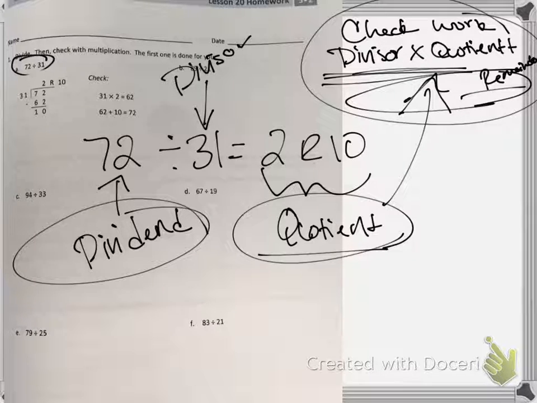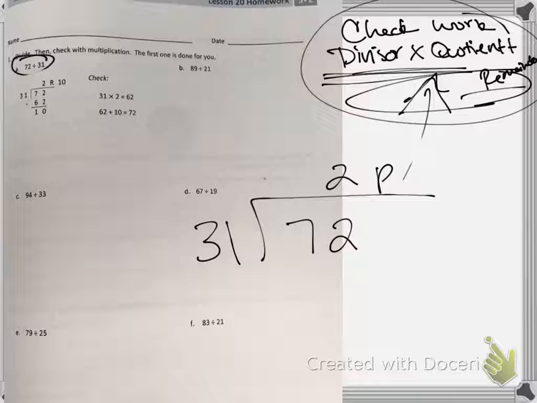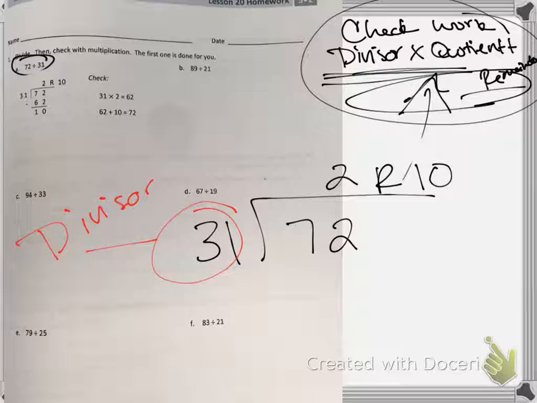But for right now, I like to make sure they know what each part represents. So for an example, in our first problem, I like them to understand what the divisor is, which is 31, what the dividend is, and what the quotient is.